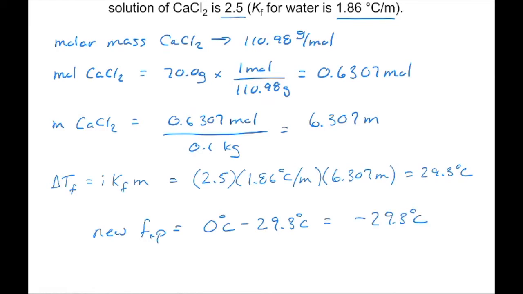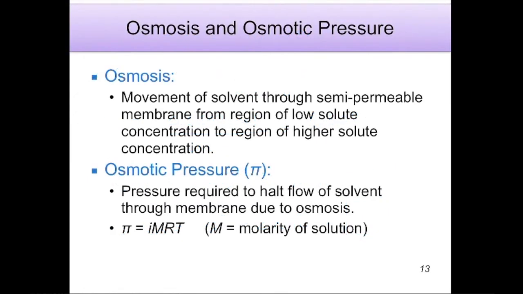So that's telling us that water with a saturated amount of calcium chloride dissolved in it will now freeze at minus 29.3 degrees Celsius rather than 0 degrees Celsius. So if the temperature outside is only minus 20, it's not yet going to be frozen because it freezes at minus 29.3.